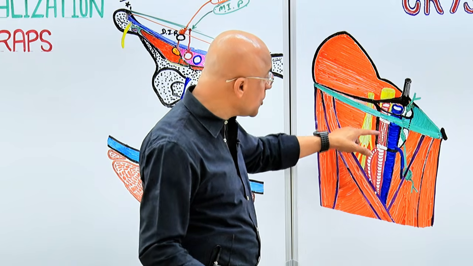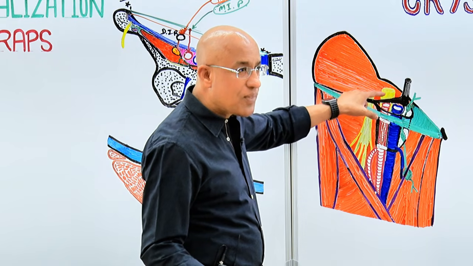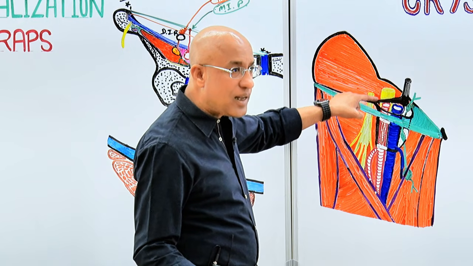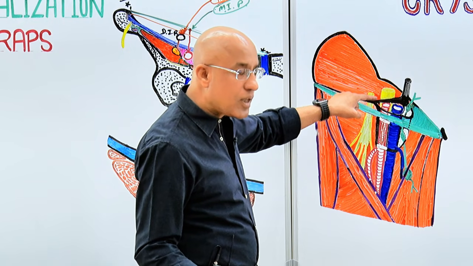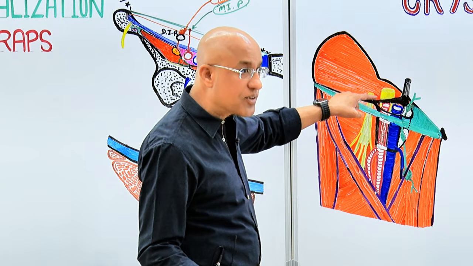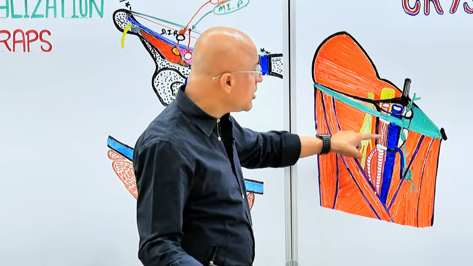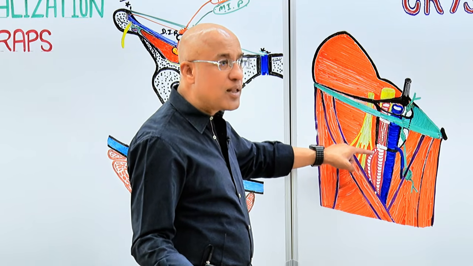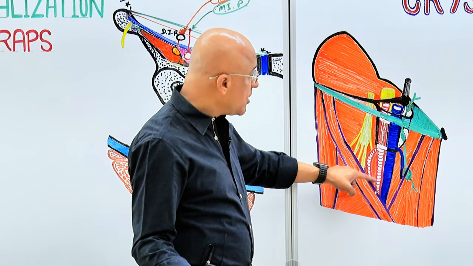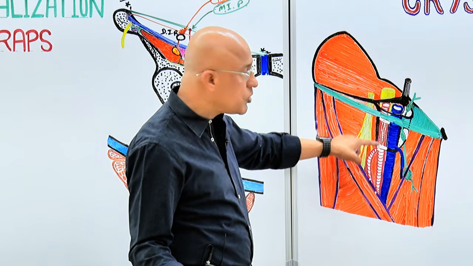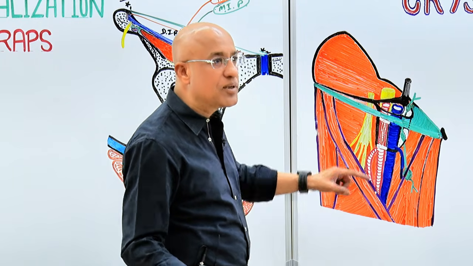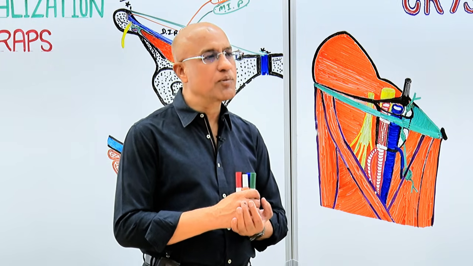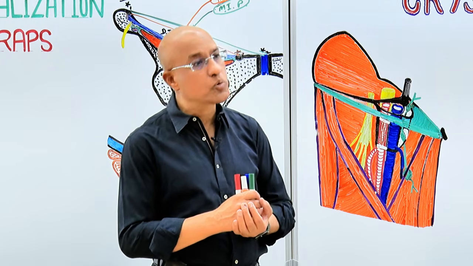A good doctor should know, if you are too high and you puncture the external iliac artery or inferior epigastric artery, what will happen? Or if you puncture too low, you puncture the superficial femoral artery, which is the continuation of the femoral artery, or the profunda femoris, or try catheterization here. A good doctor should know what will happen, what the complications could be and how to detect them.